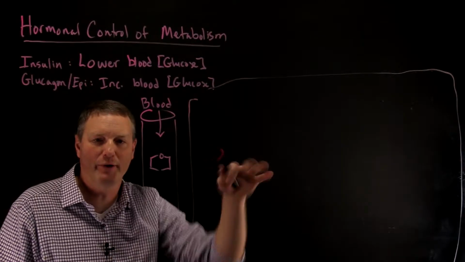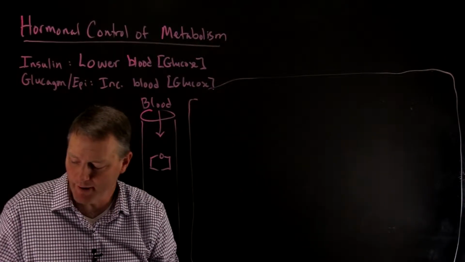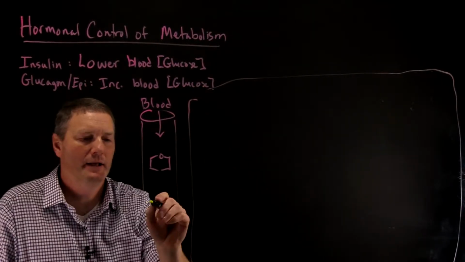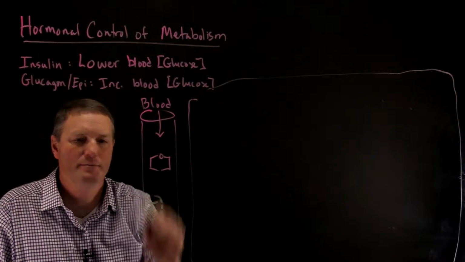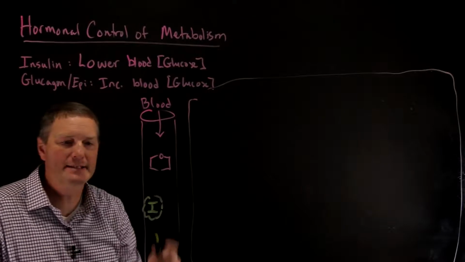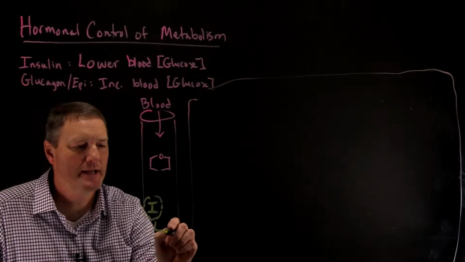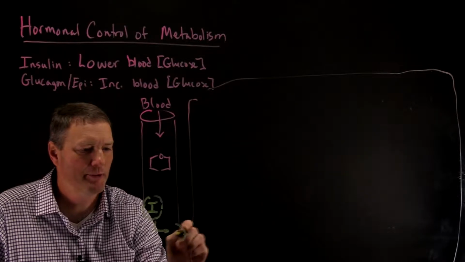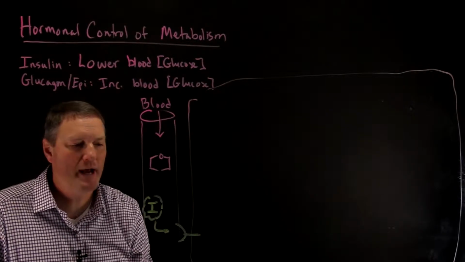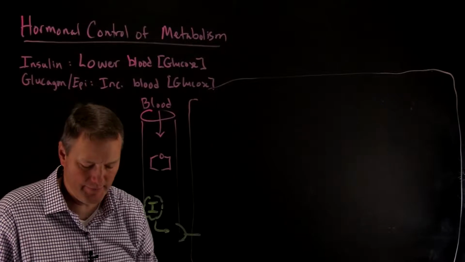Okay, so there's our outline of our cell. Now, insulin, I'm going to draw like this. It's a small peptide. And insulin, when it binds, it's going to bind to the insulin receptor, which is sitting right here on the cell membrane.